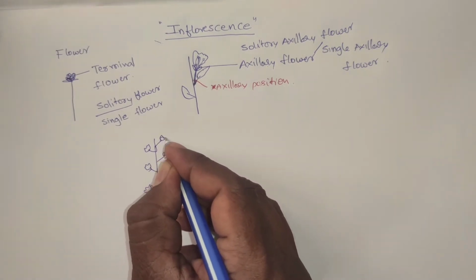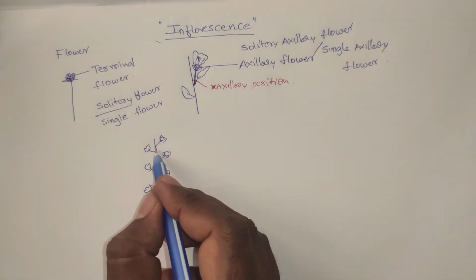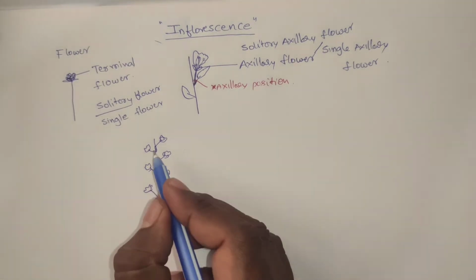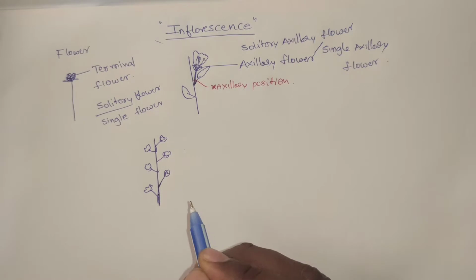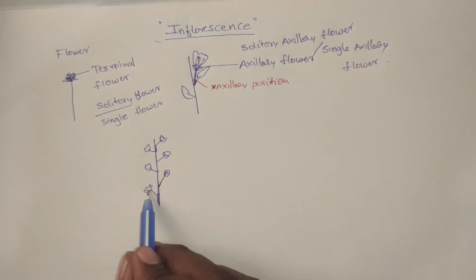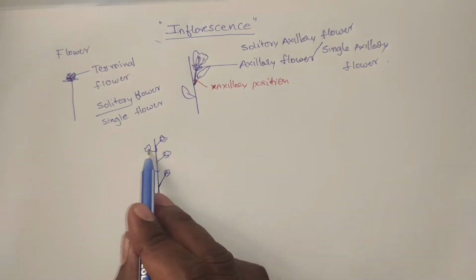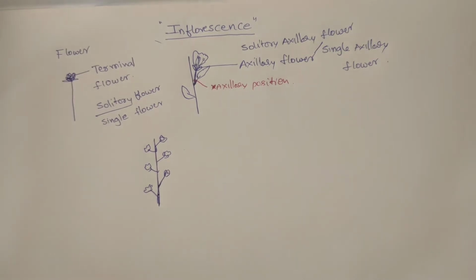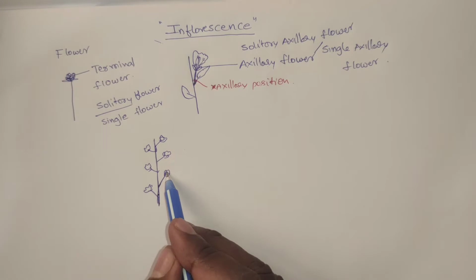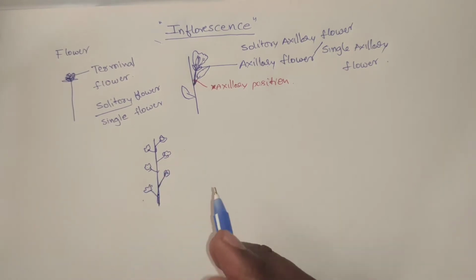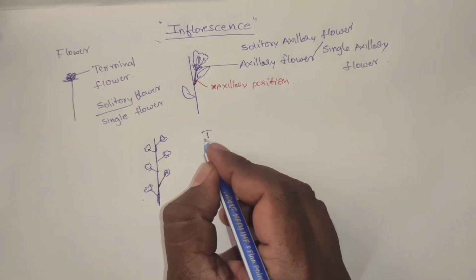If more flowers are present, look here. Many plants have many flowers. If many flowers are present on this axis, then we can call it an inflorescence.